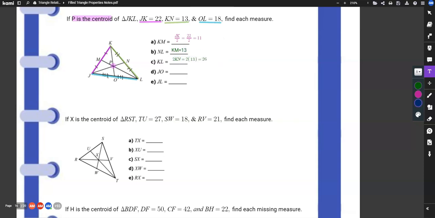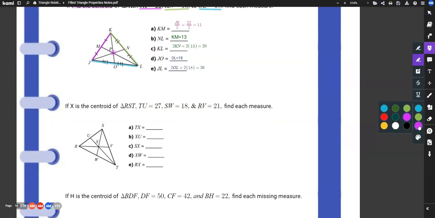Right? JO is congruent to OL, so we can just say that the segment lengths are going to be equal. So therefore JO is 18. And then JL is the length of the entire thing. So it is 2 times the length of OL, which means it is 2 times 18. And 2 times 18 is 36.